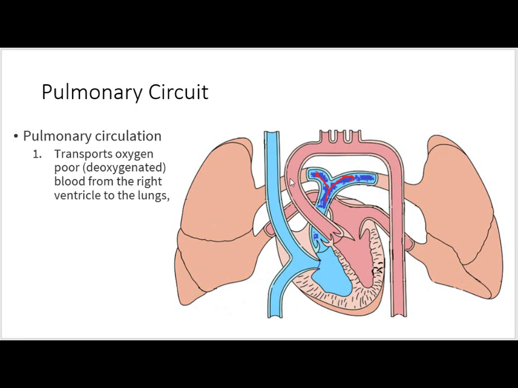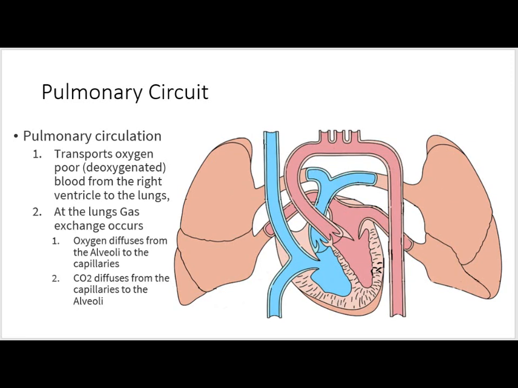So the blood is going to move, and now the blood is going to get right over here at the lungs. What is going to happen at the lungs? Some kind of gas exchange is going to occur. In that gas exchange, you have alveoli. This blood vessel basically comes right this way. Oxygen from the alveoli is going to diffuse into the capillary, and carbon dioxide from the capillary is going to diffuse to the alveoli.